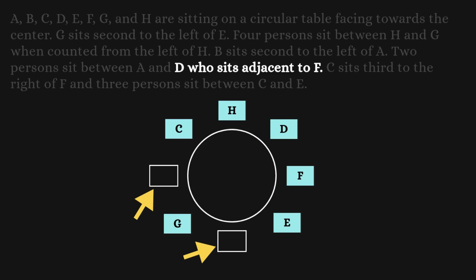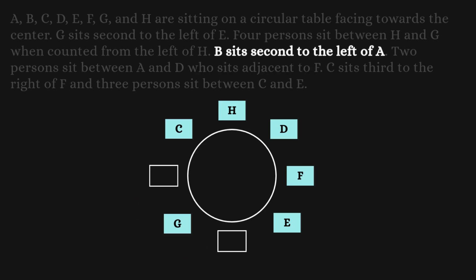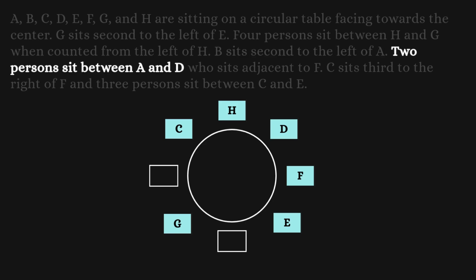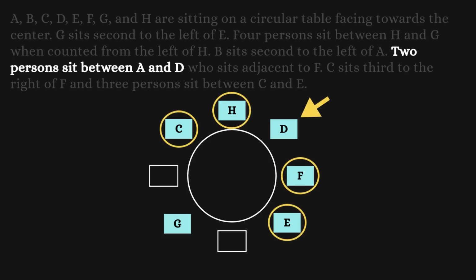Let's see what statements are left out. B sits second to the left of A is the first statement, and 2 people sit between A and D is the second statement. If we consider this statement from D with 2 people in between, we still have 2 empty seats.